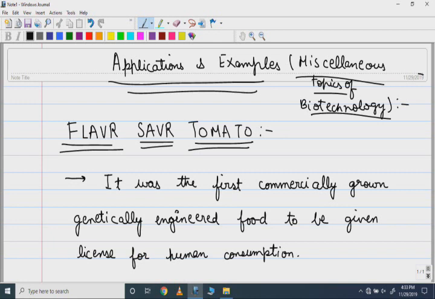It had an enzyme called polygalacturonase.